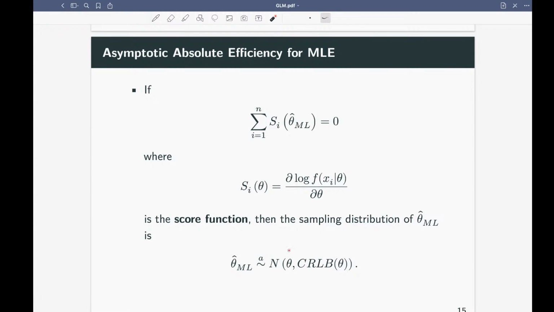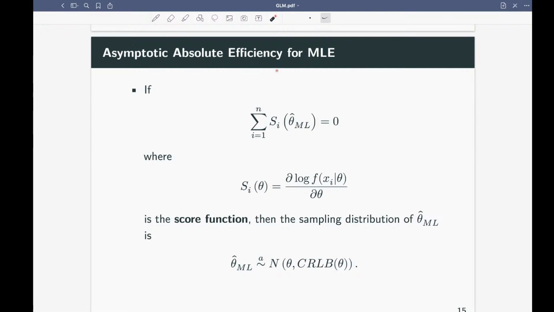The ML estimator has an asymptotic normal distribution with the mean of theta, and the variance is the CRLB of the theta. Okay, and this is an asymptotic normal distribution. So it is an asymptotic absolute efficiency.